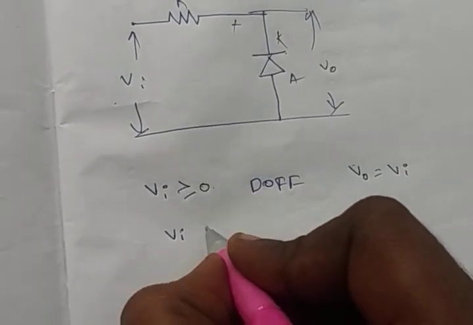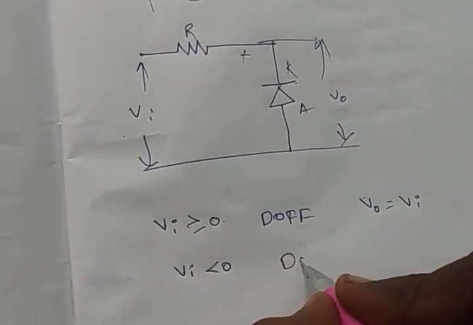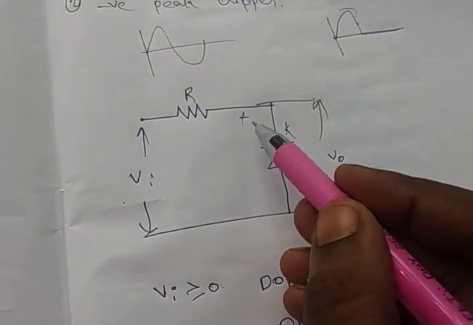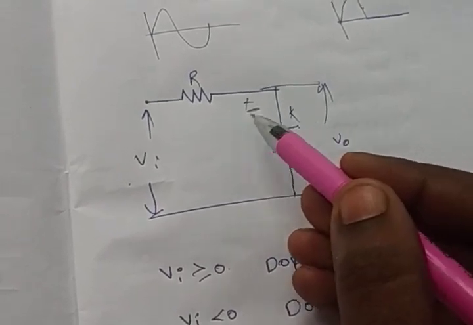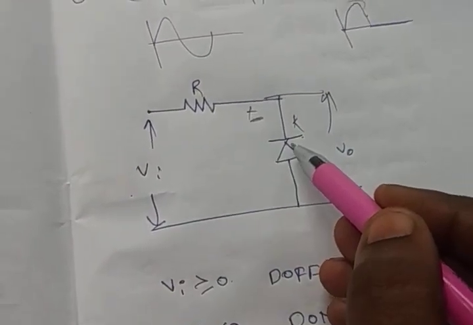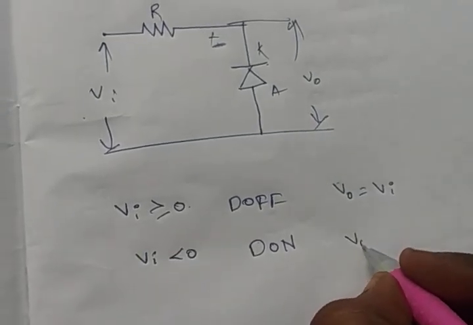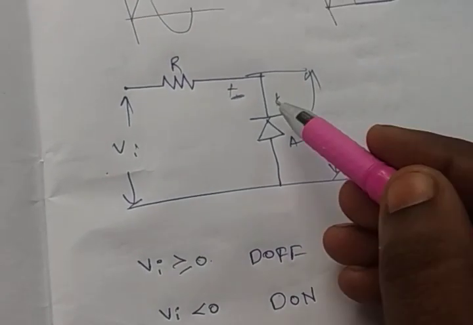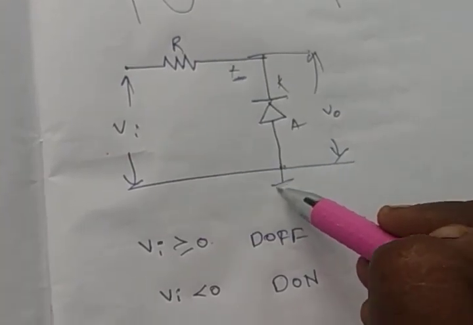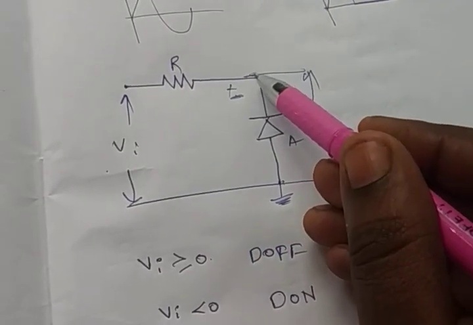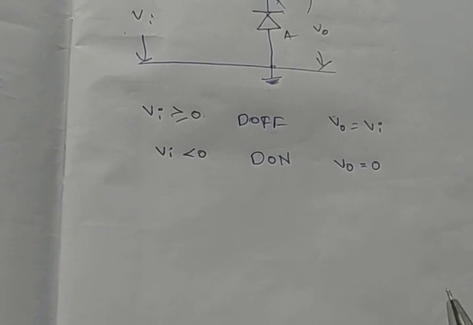For VI less than 0, the diode should be in on, because negative will appear at the cathode, so it will be in on state. So V0 will be 0 because it acts as a short line. Whatever voltage comes here will go to earth.